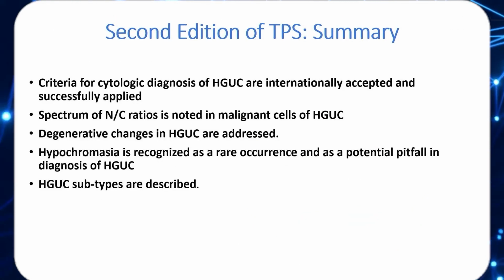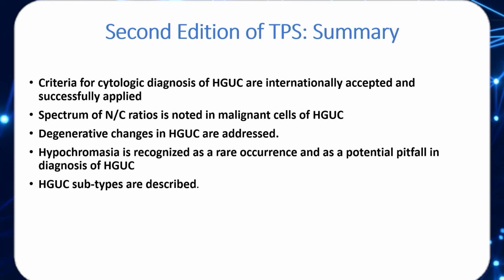So this is the summary for the second edition here: criteria for cytologic diagnosis are internationally accepted and successfully applied in most practices. We have recognized that NC ratio, we are flagging 0.7, but it's not a static number. Most cases will have a range that you would encounter from sometimes really low to much higher NC ratio.